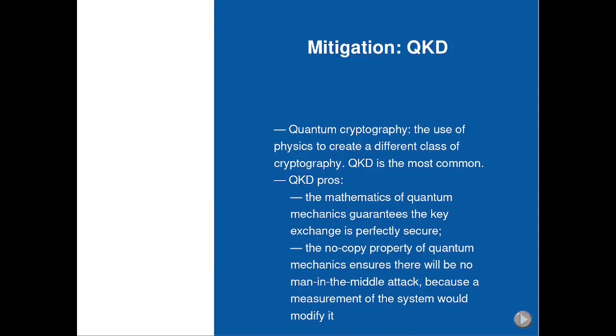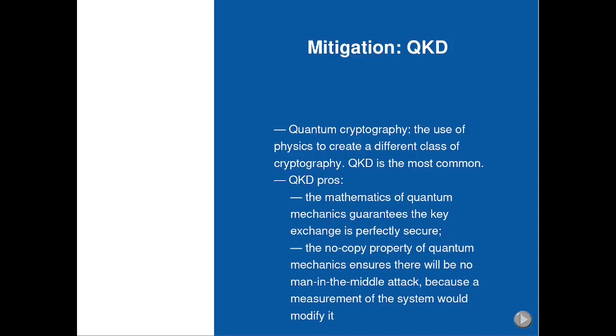Mitigation. First, there is quantum cryptography, which is the use of physics to create a different class of cryptography. This can be as simple as using quantum superposition to create a perfectly random number. But the most common in this class of cryptography is QKD, that's quantum key distribution.